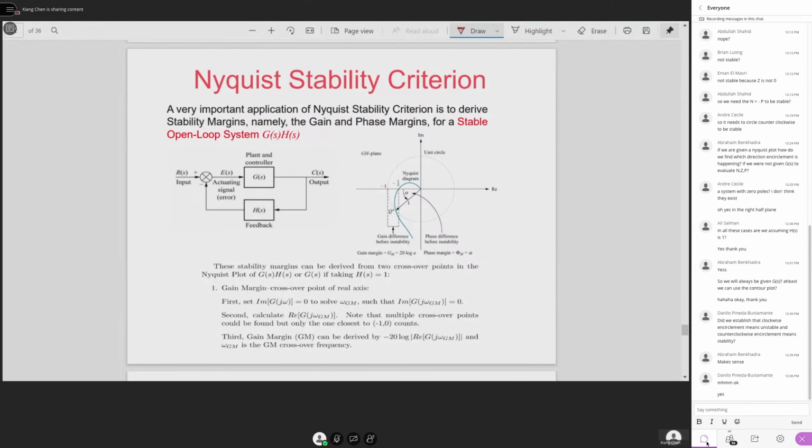Once you have the stability margin, then you actually have redundancy of stability. You have more than the requirement for stability. Then people always ask, since I have the redundancy here, can I use it for another purpose?